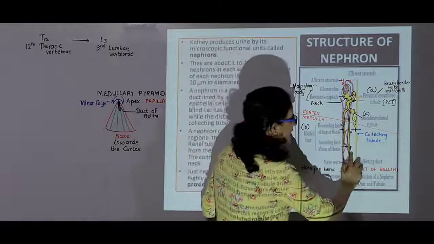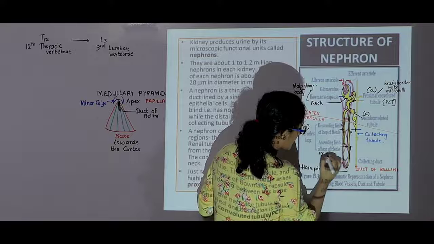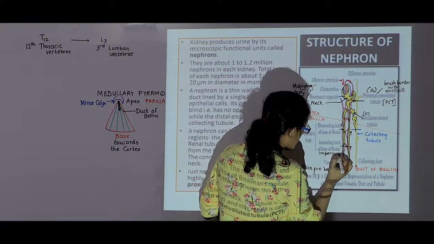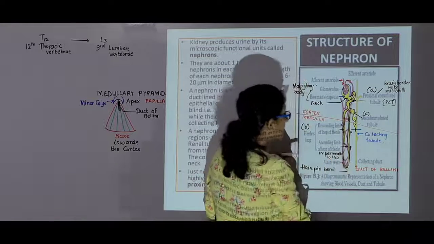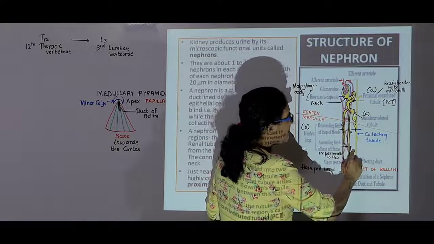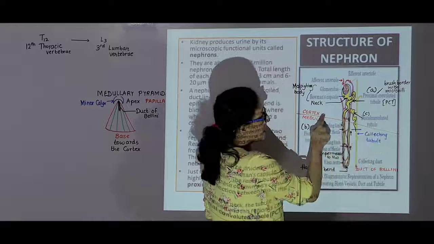The ascending limb is impermeable to water. And finally, from the ascending limb, it goes into the DCT, which is also in the cortex.